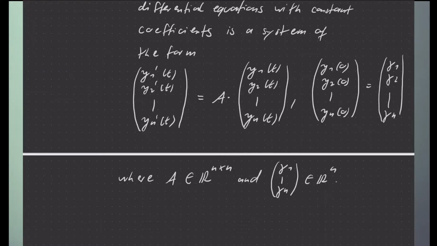So we only have terms involving y and y prime. This means the system is homogeneous. And we have constant coefficients, meaning this matrix A here is constant. So that does not depend on t.